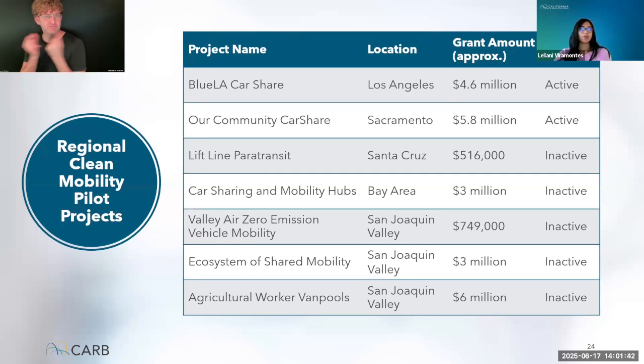The study surveys reported user increases in accessibility to essential destinations such as schools, 75%, grocery shopping, 71%, and healthcare, 69%. The regional Clean Mobility Pilots programs transitioned to the statewide Clean Mobility Options Voucher Pilot Program, which is discussed in the next few slides.